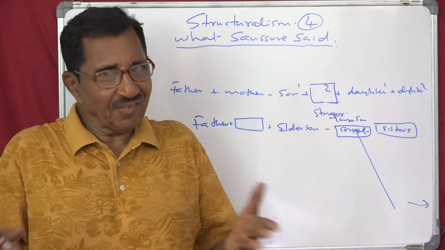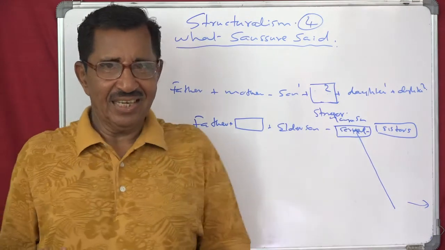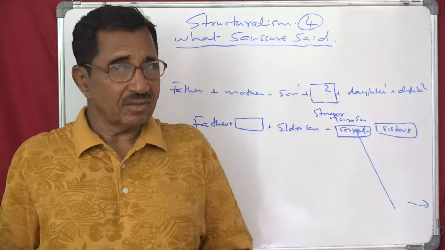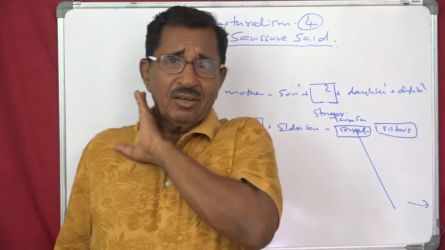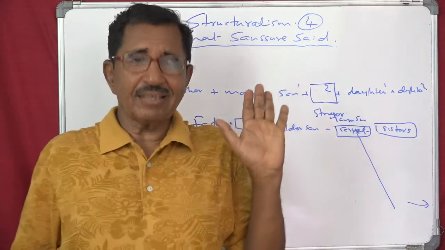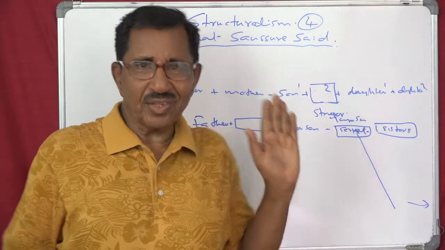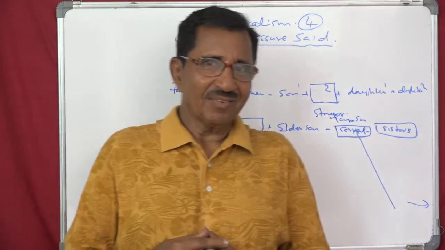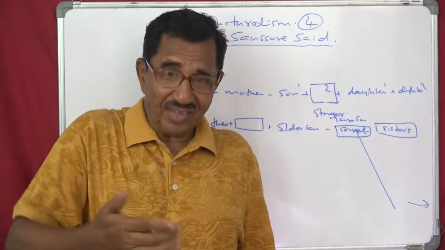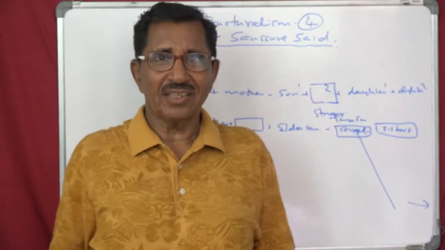Listen, this is language and this is literature. It's a wonderful discovery, you must say. You can reduce any literary work to this formula. That is structuralism, because structuralism is trying to find out the underlying principles. Now you got the point.